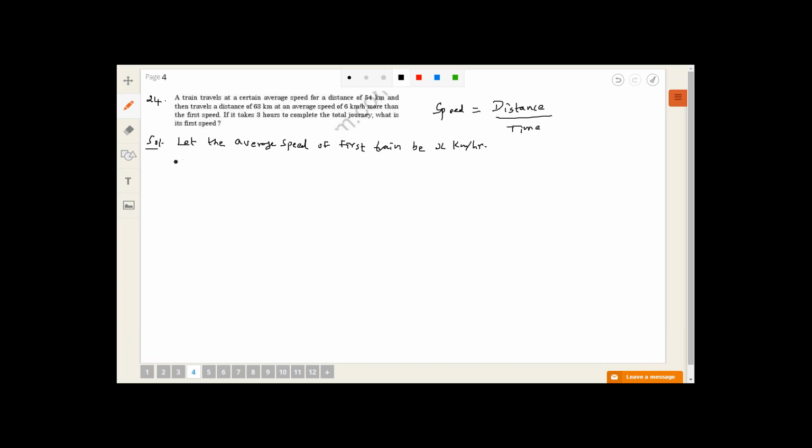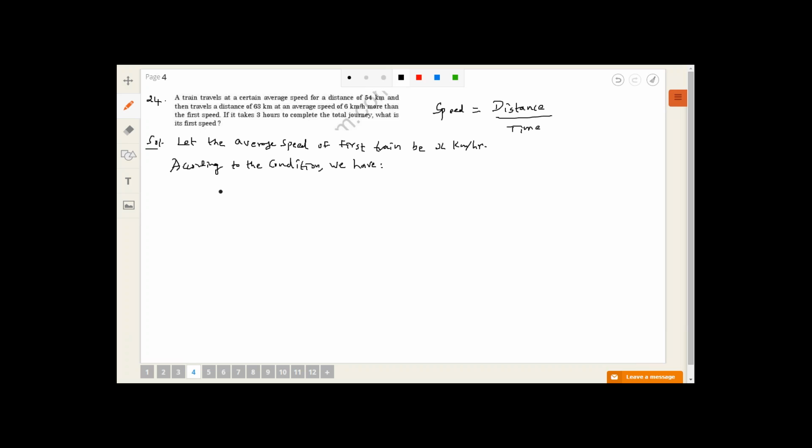Now, according to the condition, we have 54 kilometers and 63 kilometers as the two distances, and for the second distance, the average speed is 6 kilometers per hour more than the first speed.